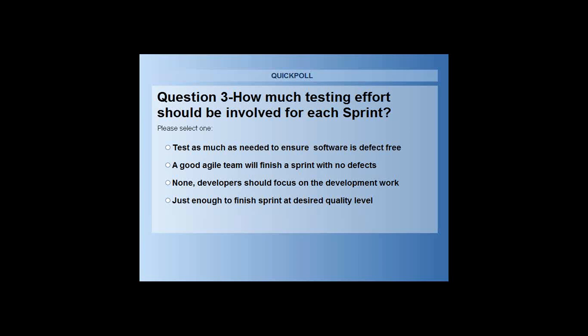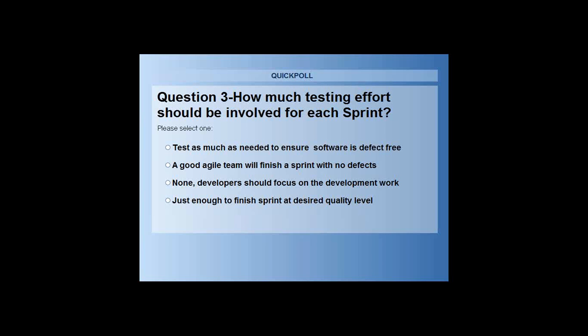A good Agile team will finish a sprint with no defects or almost defect-free. Not necessary, developers should focus on development work. Just enough testing so the sprint workload can be finished at a desired quality level. And question number 4, let's do question number 3 first.